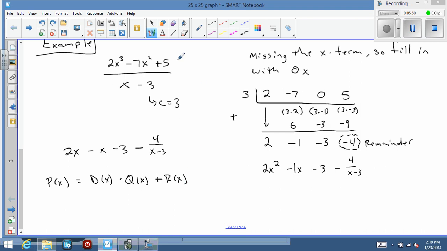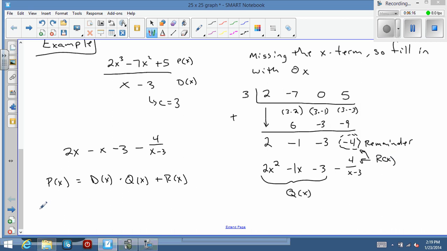Now, remember, this initial polynomial is p of x. The denominator is our d of x. This part of the answer without the remainder is our q of x. And the remainder, not the fraction, but the remainder, is our r of x.